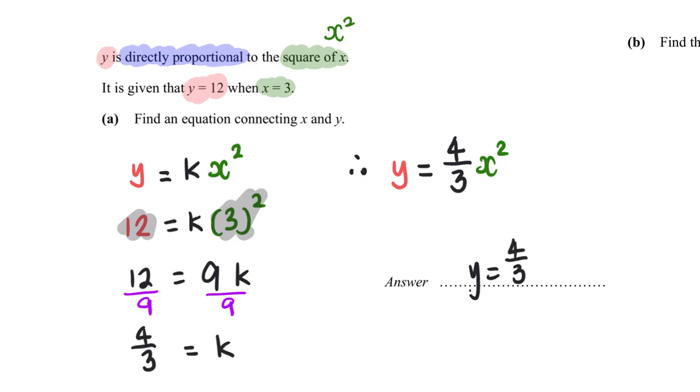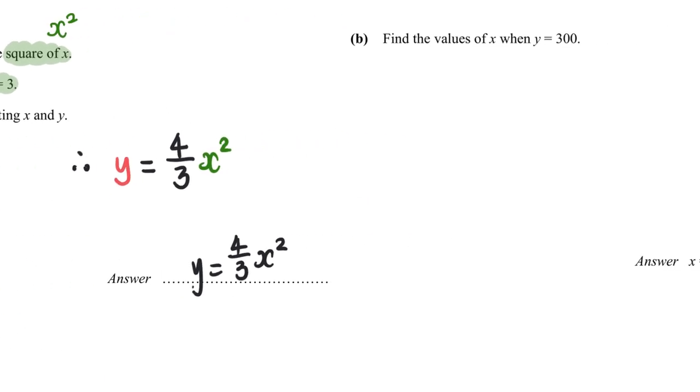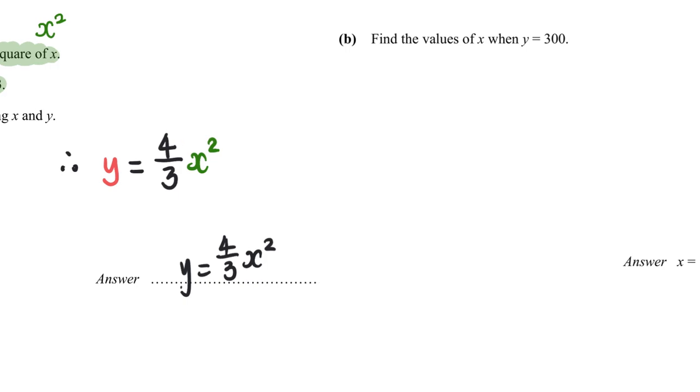Okay? And once I know this answer, we could easily find the values of x when y is 300. That means now my y is 300. So 300 is equal to 4 over 3 x squared.